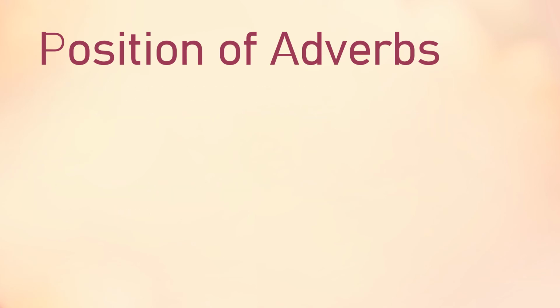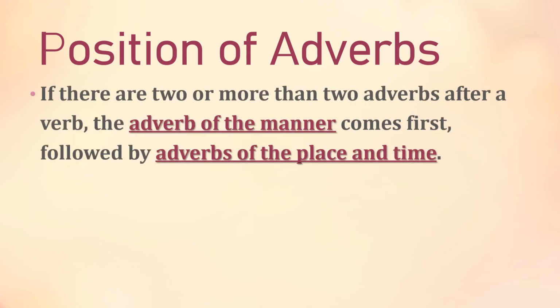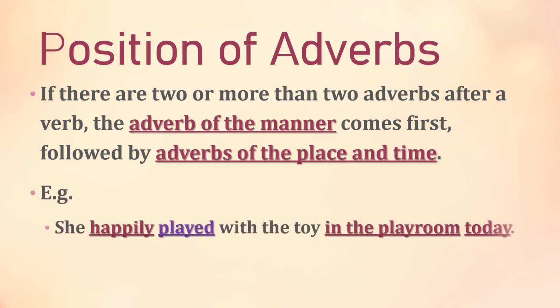You might come across a situation where you need to use more than one adverb in the same sentence. So in case you need to use two or more adverbs in the same sentence, always remember, you will first use the adverb of manner followed by adverbs of place and time. You can understand this better by using the given example.